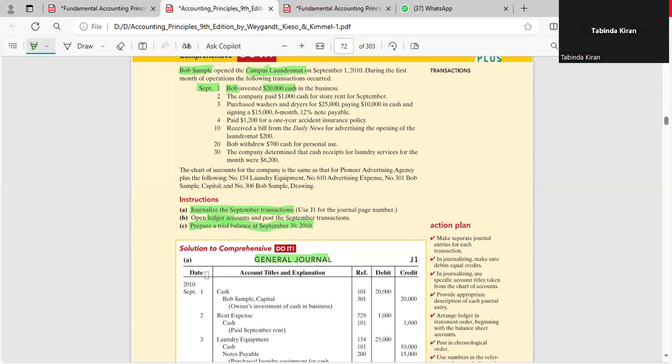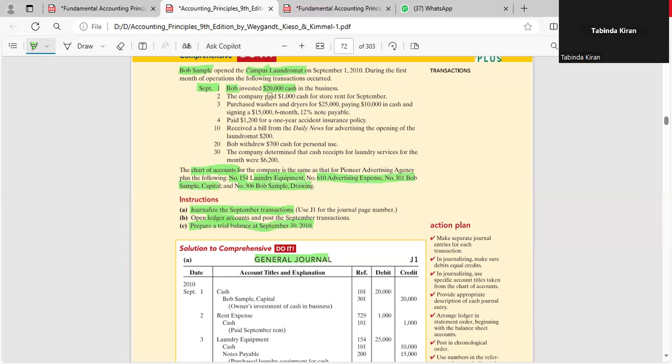Over here you can see the business has a certain chart of accounts, and they have mentioned that the business is using number 154 for laundry equipment, number 610 for advertisement expense, number 301 for Bob Sample's capital account, and 306 for Bob Sample's drawing account. So they have mentioned certain account numbers as well, and we are going to use the very same account numbers in the reference.